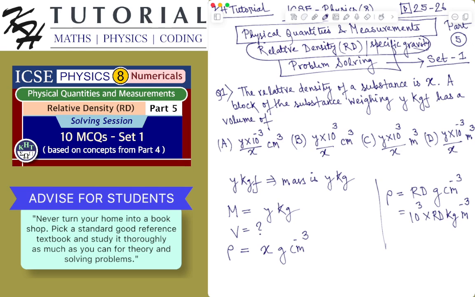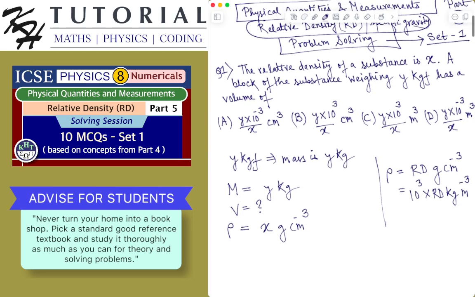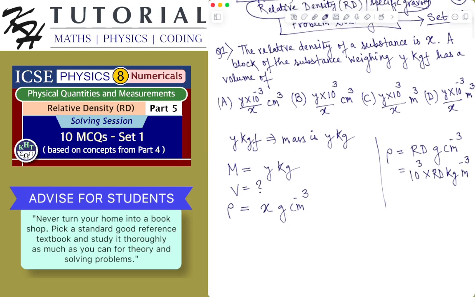Either way you can proceed, but since in the options you can see the volume is given both in centimeter cube and meter cube, let's work with the CGS system. So mass is y kilogram. This is y multiplied by 10 to the power 3 gram. And we already have density as x gram per centimeter cube. So volume will be mass divided by density.